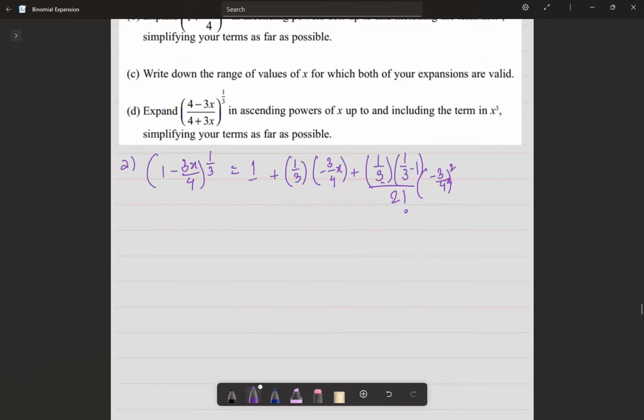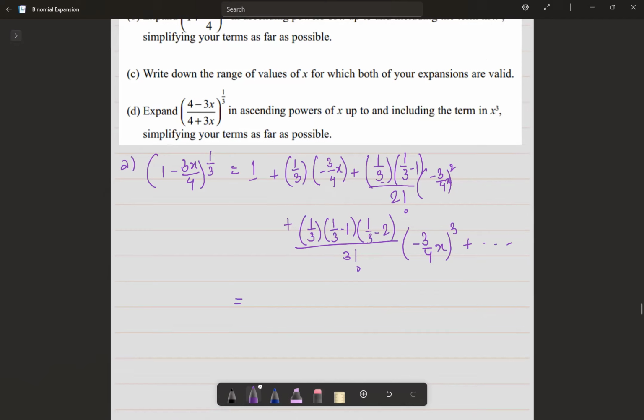And then we will have the next term, because we are asked to expand up to the term in x cube. So we will have plus n(n minus 1)(n minus 2) divided by 3 factorial, because there are 3 terms in here, and then (minus 3 by 4 x) whole cube. And because there are other terms, we will put dot, dot, dot.